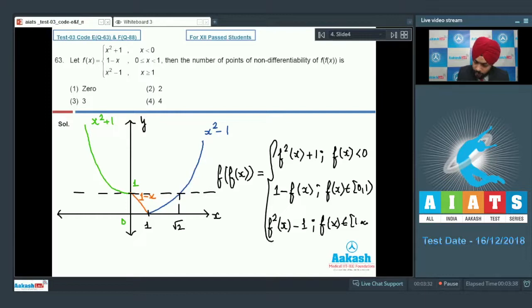So students, for this particular thing we have three definitions. Green curve is already there, blue curve is already there, and this point x equal to 0 is also there. So first definition is ruled out, second definition will have two possible options, third definition will have three possible options. So let us write them down.